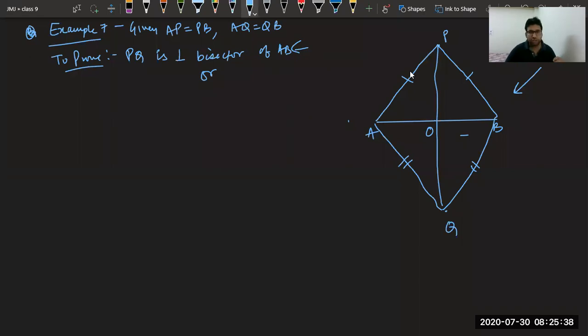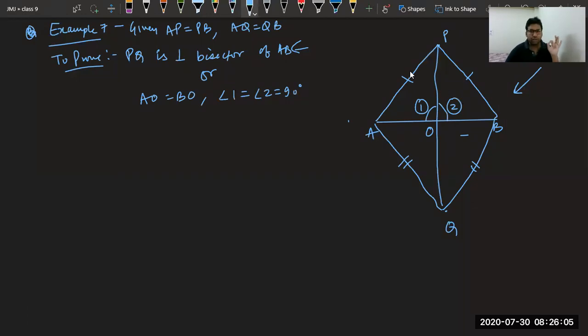Yes, you want to prove AO equal to BO, first thing. And the second thing you want to prove is these angles. Suppose this is angle 1, this is angle 2. We want to prove angle 1 is equal to angle 2 is equal to 90 degrees. So we have two tasks to accomplish over here. The first task is to prove AO equal to OB. This will tell us that PQ is a bisector.